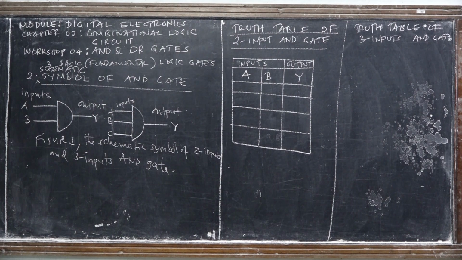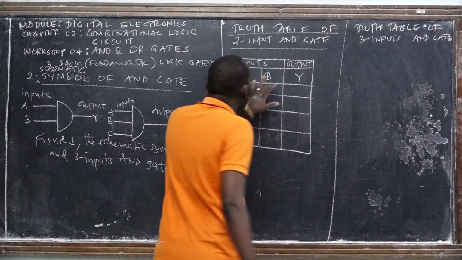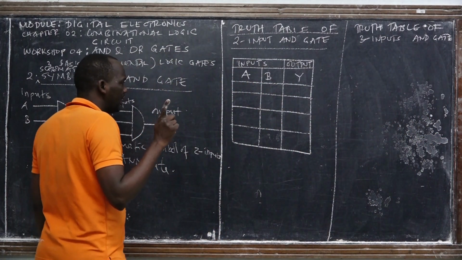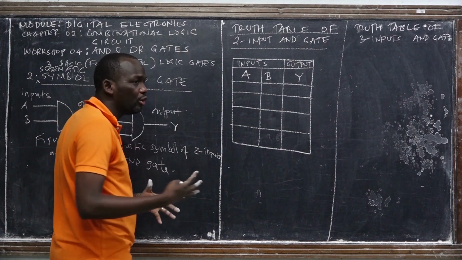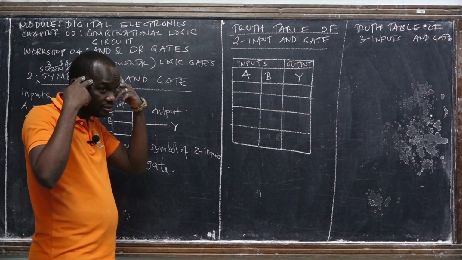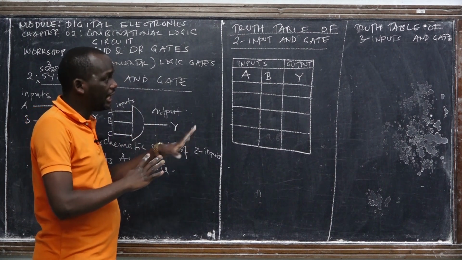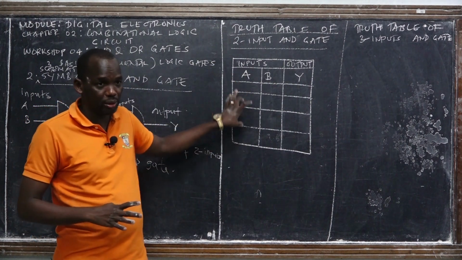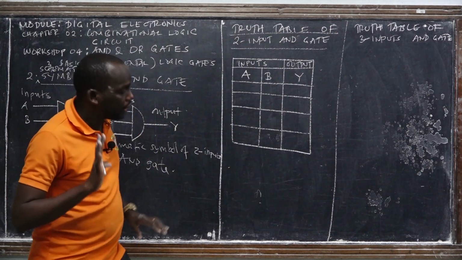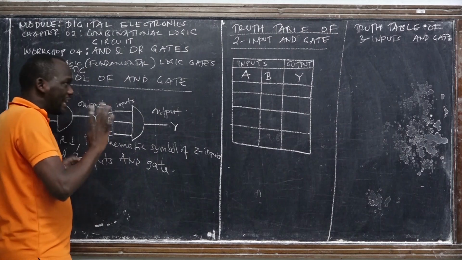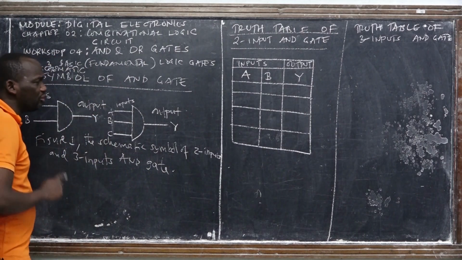So when you fill these cells of the truth table, you have to listen and think. You should not just write 0, 0 without any intention in your mind, because later on we are going to verify this truth table practically.